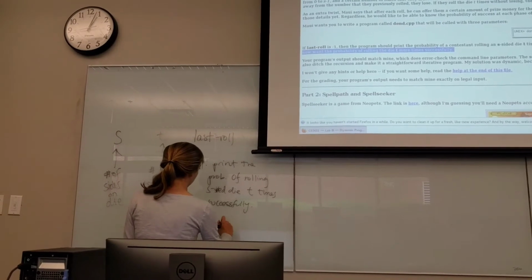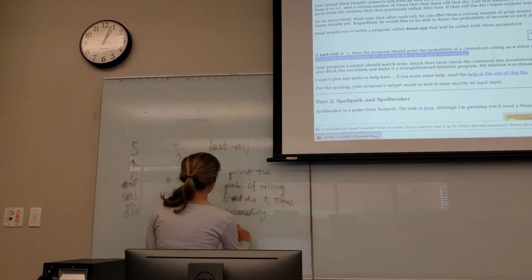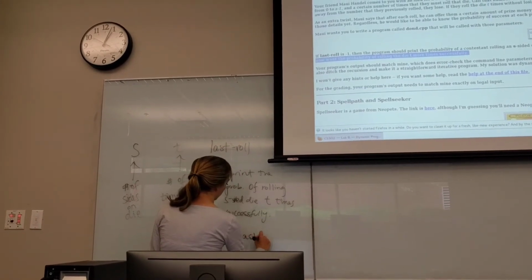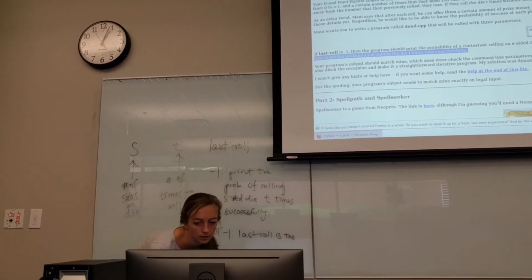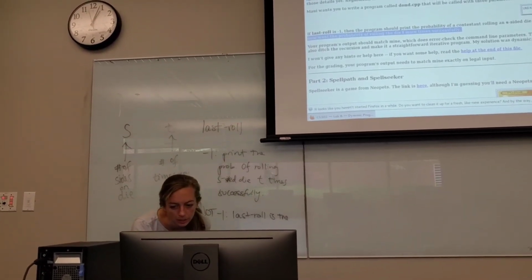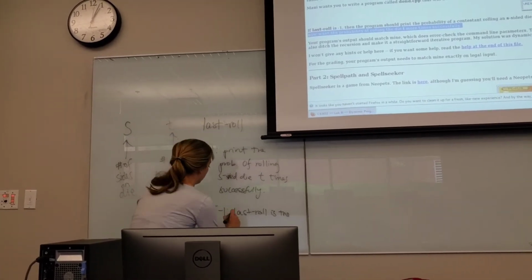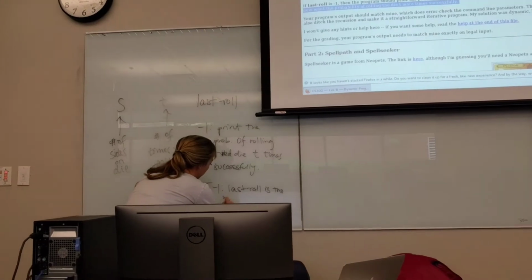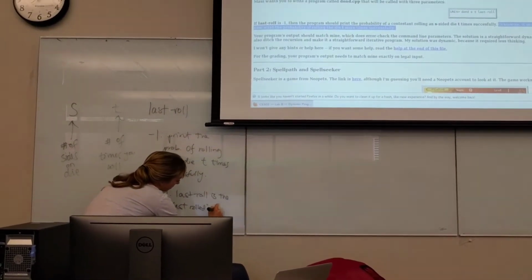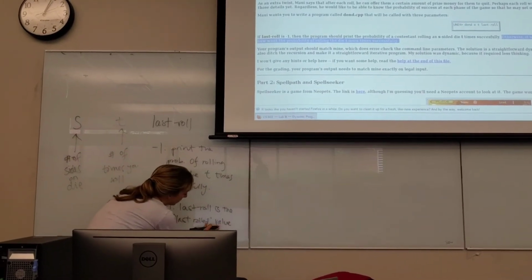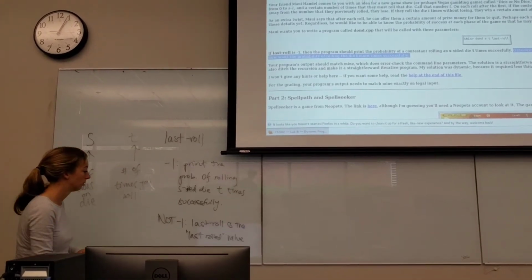So if it's not -1, last roll is the last rolled value.